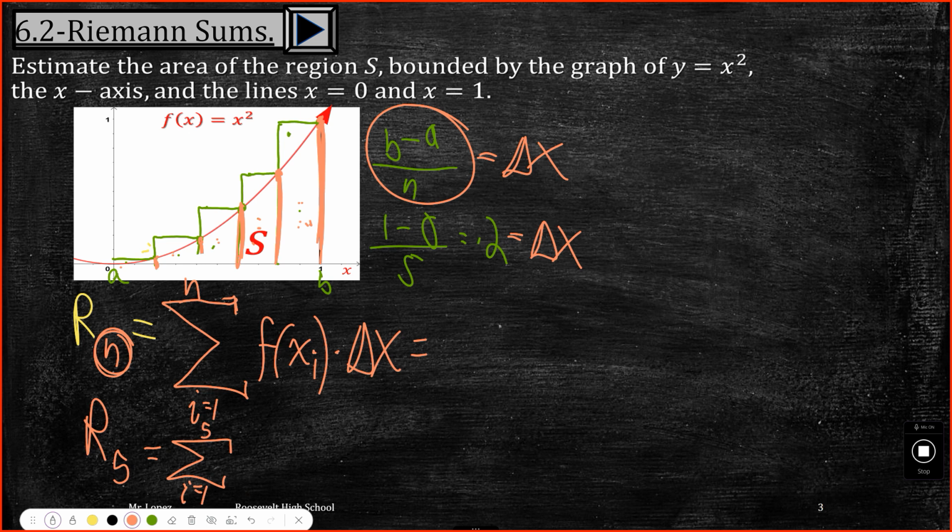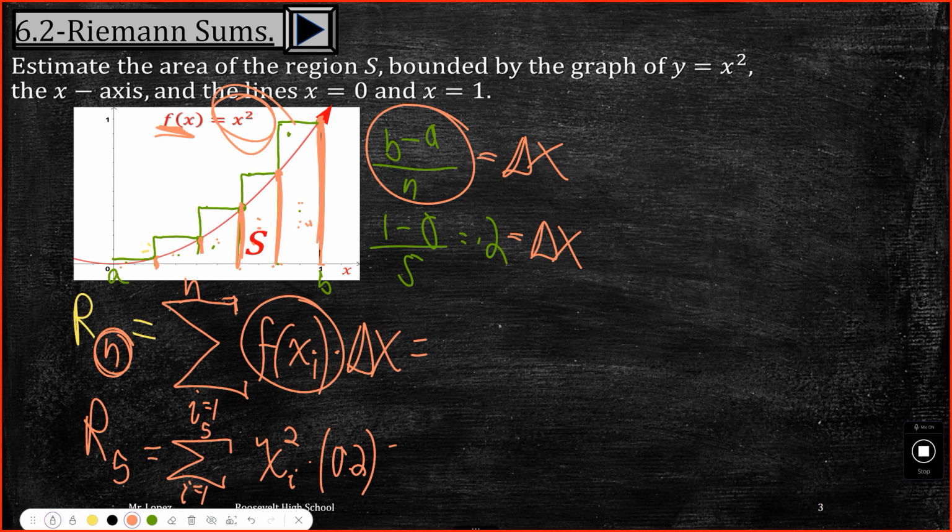What function are we working with here? x squared. xi squared times the change in x, which is 0.2. That 0.2 is constant because we've got to keep it the same width for all of them.